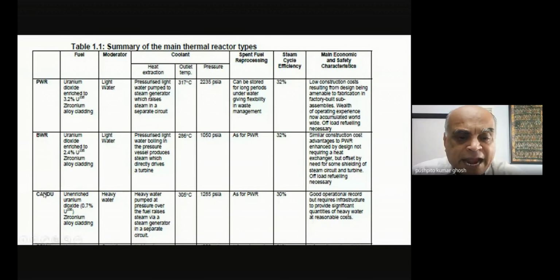In the CANDU reactor, just like in number one, you have a separate circuit for the steam generation. That is with water, that is not with deuterium. The D2O part is the one which is actually in intimate contact with your nuclear fuel. The other part is just regular standard H2O.